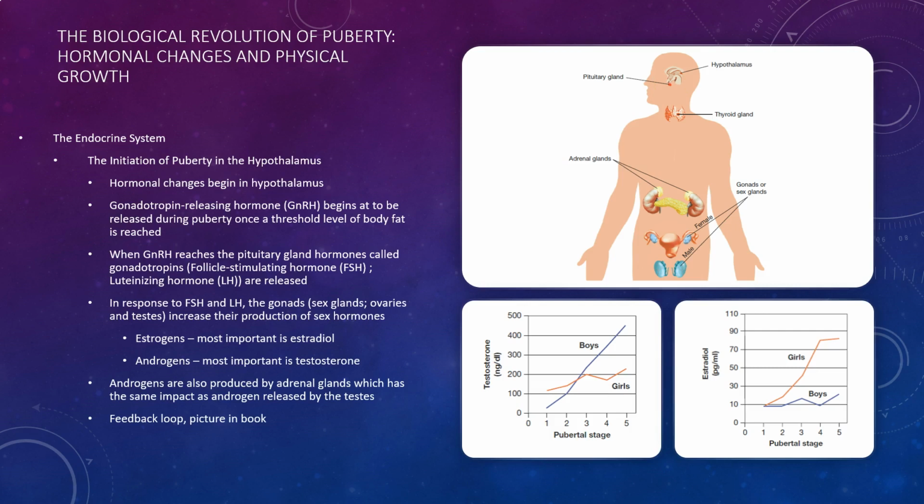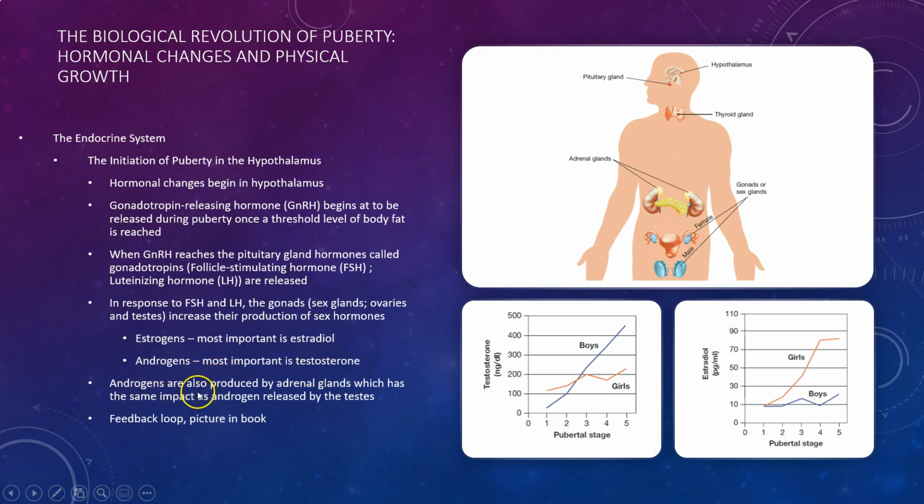And in response to those two hormones, FSH and LH, the gonads, which are the sex glands, either ovaries or testes in female or male, start to increase their production of sex hormones. And so we have estrogens that are produced. The most important estrogen is estradiol, and then androgens, the most important being testosterone.